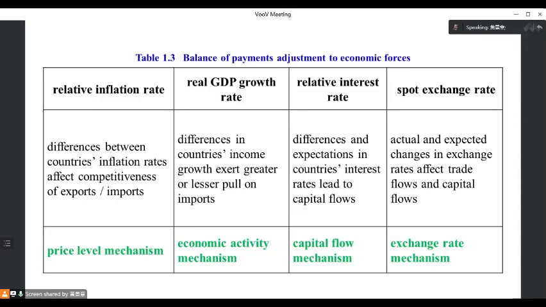Differences in countries' income growth exert greater or lesser pull on imports.